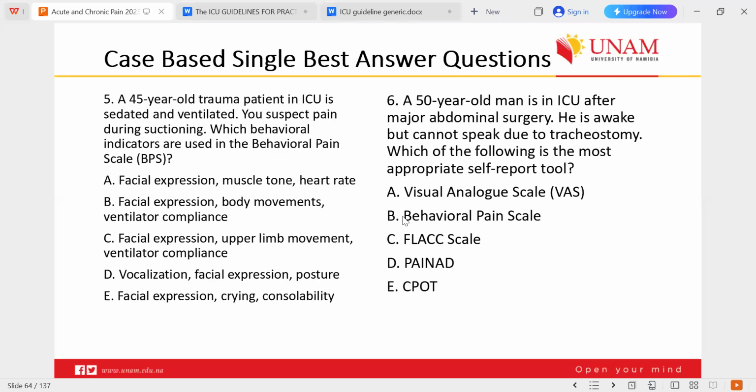Sorry. Number 5. The 45-year-old trauma patient in ICU is sedated and ventilated. You suspect pain during suctioning. Which behavioral indicators are used in the behavioral pain scale?